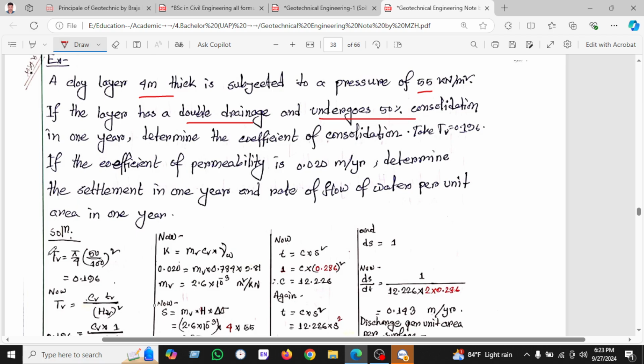If it is 50%, then we use TB equal to pi by 4 into U divided by 100, because the given 50 is between 0 and 60% in 1 year. Determine the coefficient of consolidation, take 0.196, and if the coefficient of permeability is given, determine the settlement. Lastly we determine the settlement for only 1 year, and the rate of flow in water unit and 1 year.